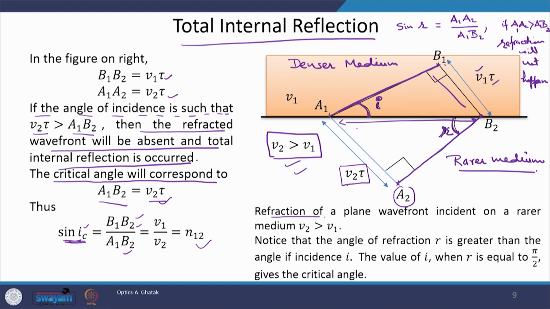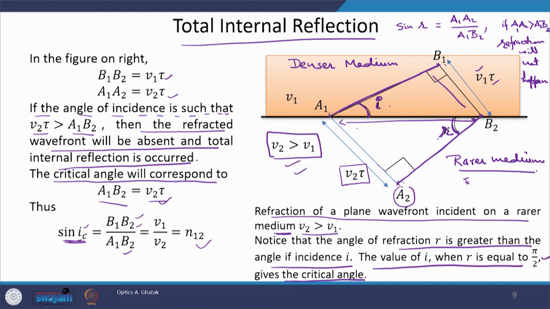Now, refraction of a plane wavefront incident on a rarer medium is being considered here, therefore V2 is larger than V1. The angle of refraction R is greater than the angle of incidence. You can see here that because this is a rarer medium, and in the rarer medium V2 is larger, therefore R would be larger than I. The value of I when R is equal to pi by 2 gives the critical angle.